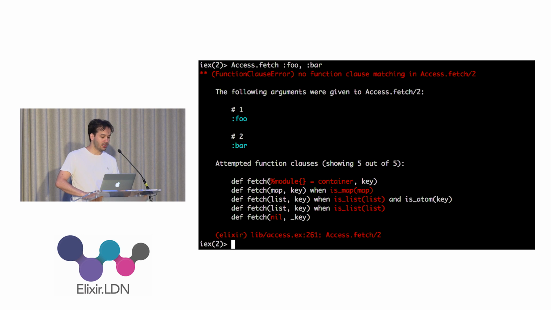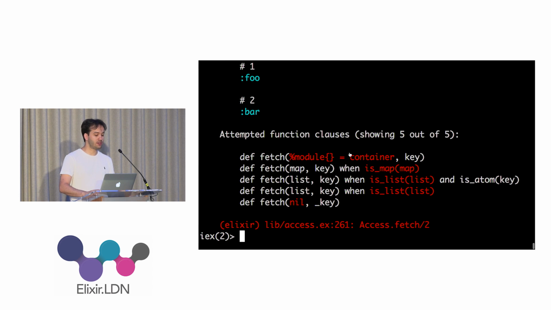We show here in red exactly what went wrong. Then in the next clause, we are expecting the first argument to be a map, but we are passing an atom. That's not going to work. So we show really detailed information about what went wrong and why none of those clauses match and how you can move forward from there. So this is much better.